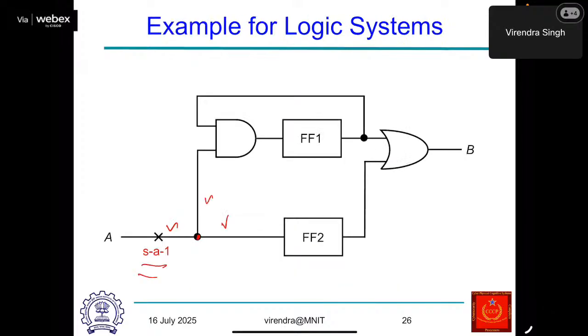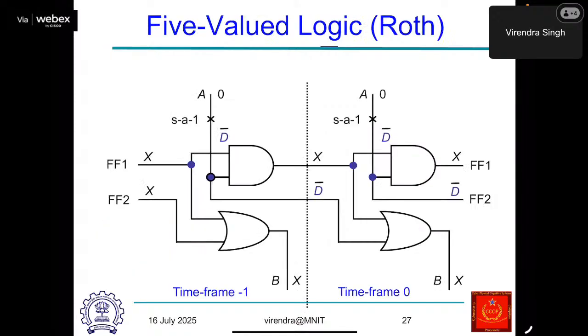Both of the inputs of the OR gate are coming from the flip flops, and for the AND gate, one input is coming from external input A and another is coming from flip flop 1. And then the inputs to this OR gate are coming from flip flop 1 and flip flop 2.